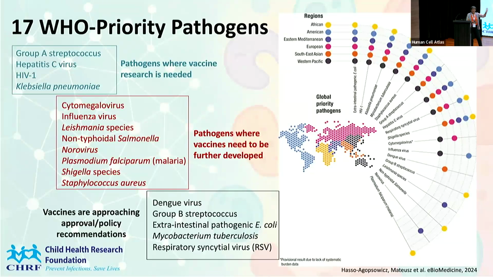The 17 pathogens are categorized into 3 different groups. Pathogens that cause diseases where vaccine research, so any intervention research, is very, very needed right now. Then there's another group of pathogens where vaccines are kind of in the pipeline, but a lot more research is required for vaccines to be developed and taken to people.